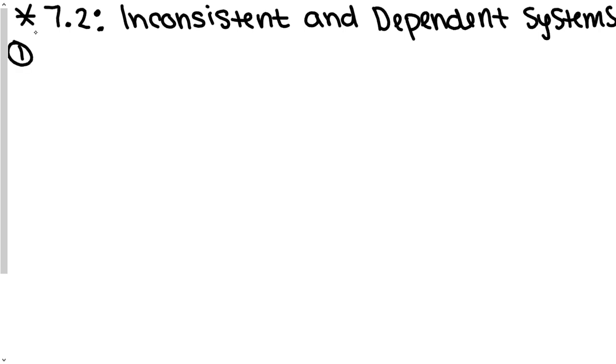So number one is, what exactly is a system with no solution, and what does it look like? We're going to start with systems without unique solutions.